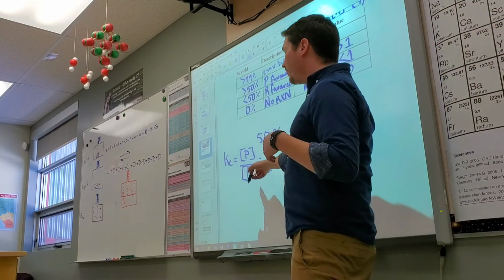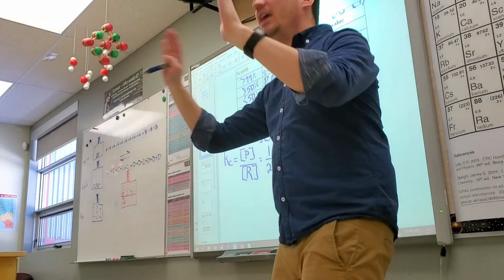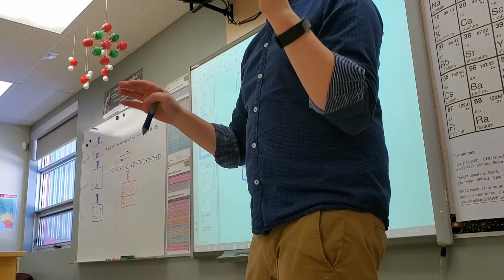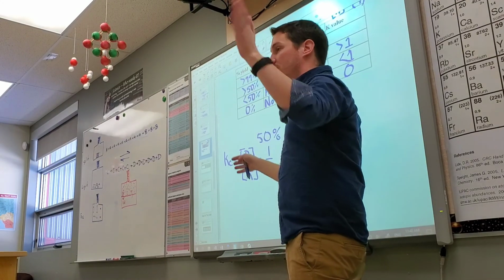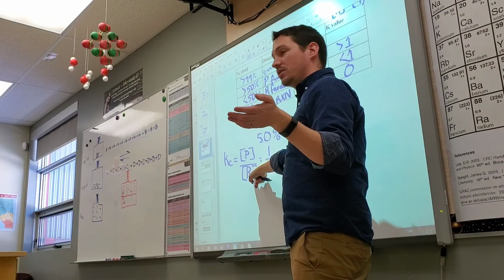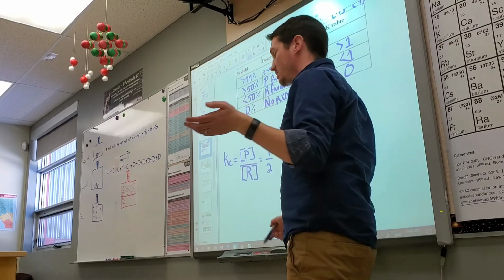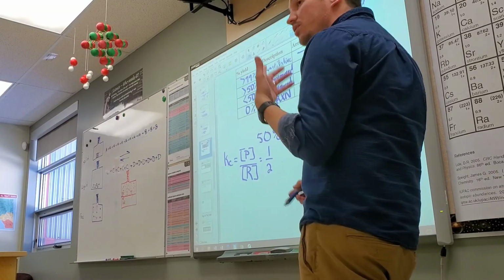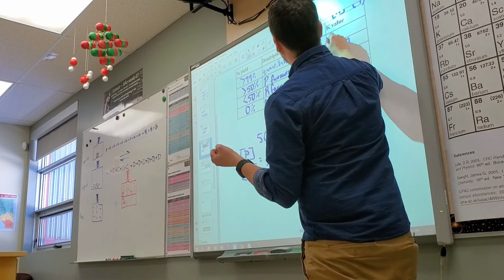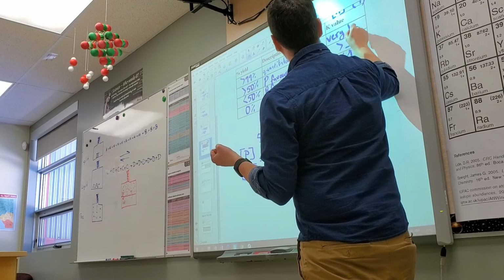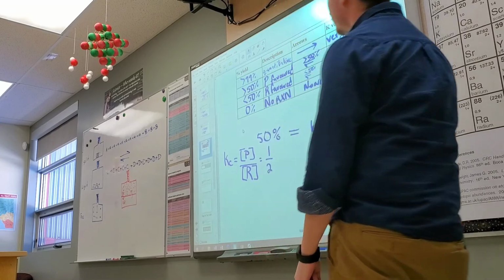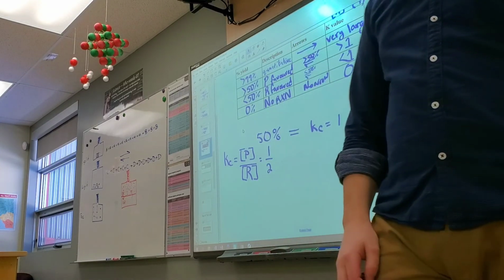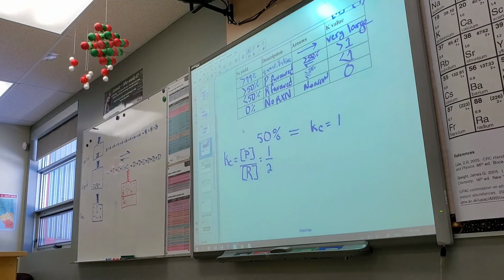Now, what if 99.99999% of it turns into products and 0.000001% stays as reactants? Approaching infinity. Or we just say it's very large.